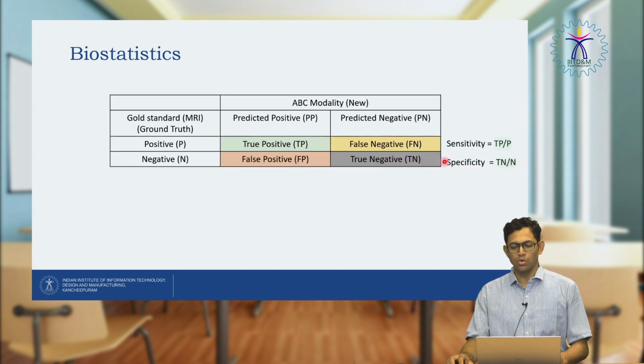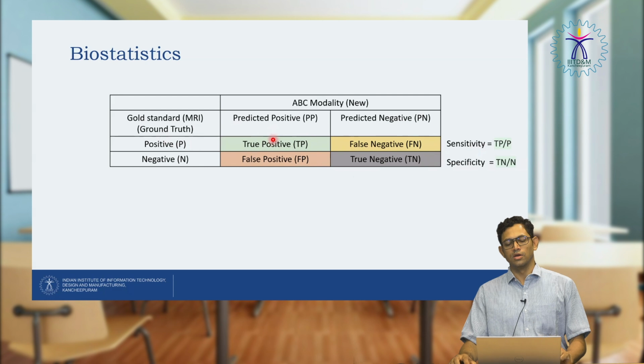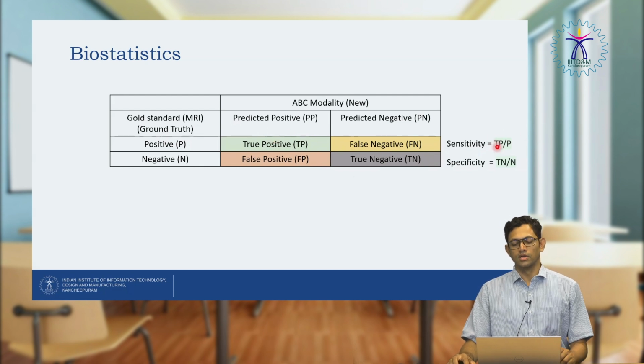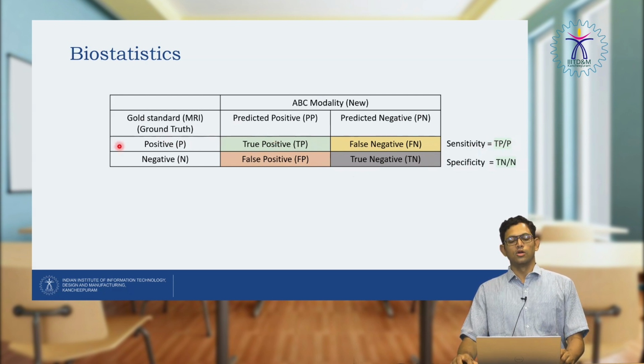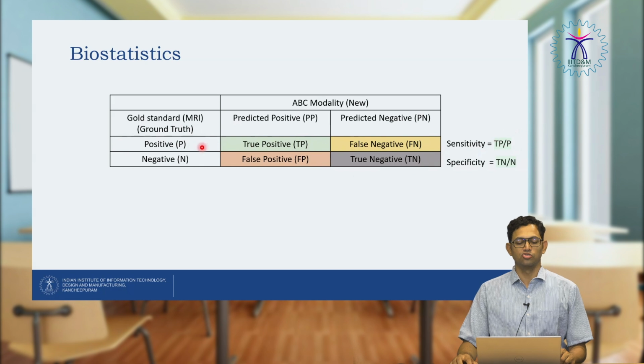Okay, so now one can find out the sensitivity, which is TP, that is the total number of patients found to be positive by both the gold standard as well as your new imaging diagnostic modality, divided by the total number of patients found to be positive by the gold standard, that is TP plus FN.